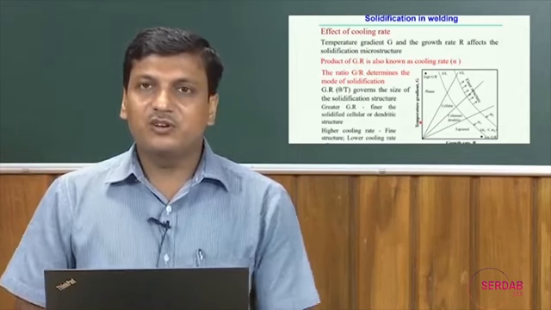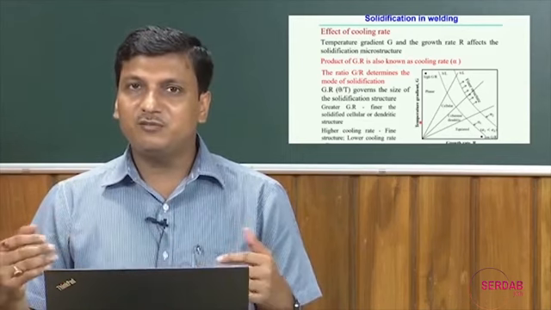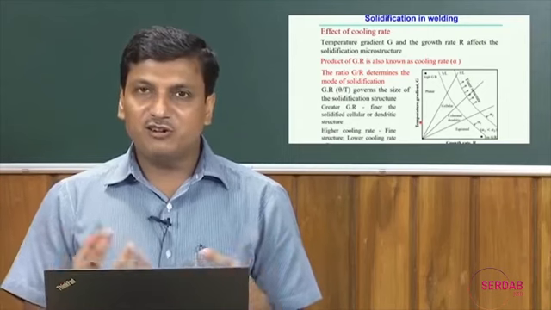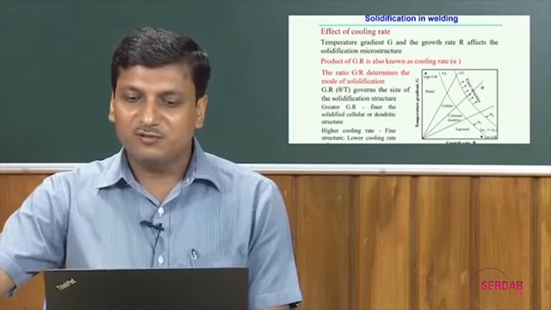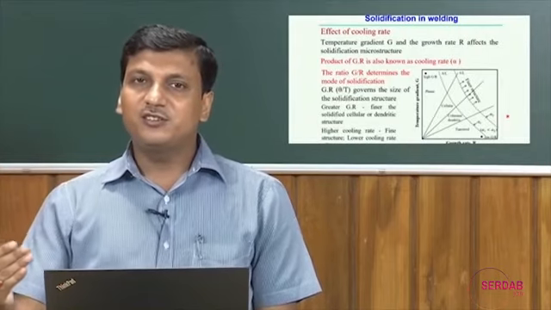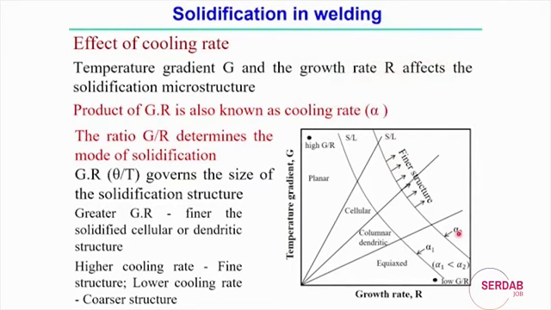So, greater G into R means greater cooling rate, and we can find a very fine solidified cellular or dendritic structure. From this figure, most of the structures that exist are either cellular or columnar dendritic, while planar and equi-axed are the two extreme cases. In general, cellular and columnar dendritic structures exist, and they become finer if the cooling rate is very high, beyond that zone, on the second line corresponding to alpha 2.